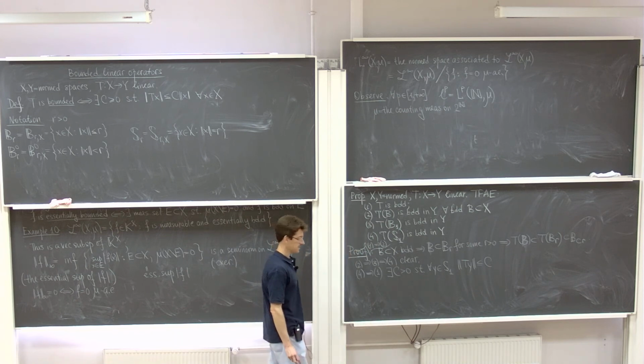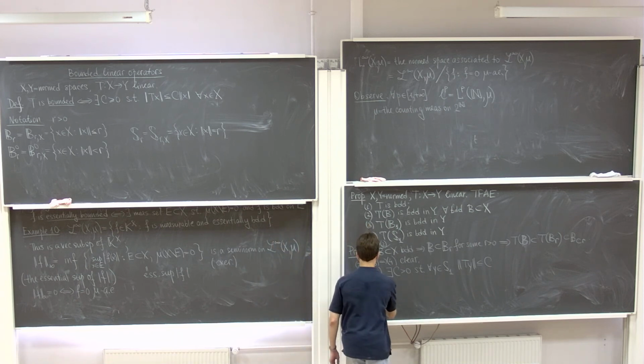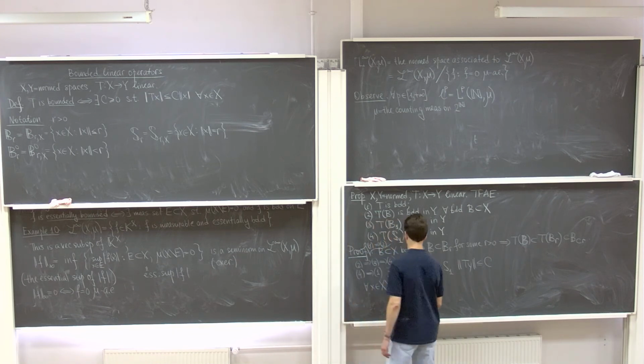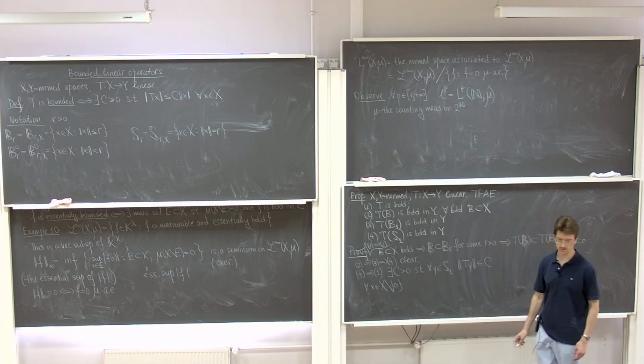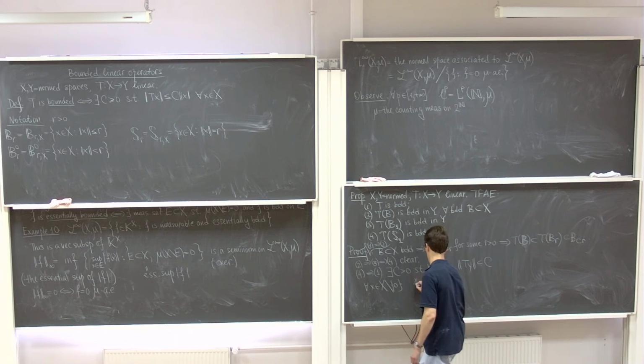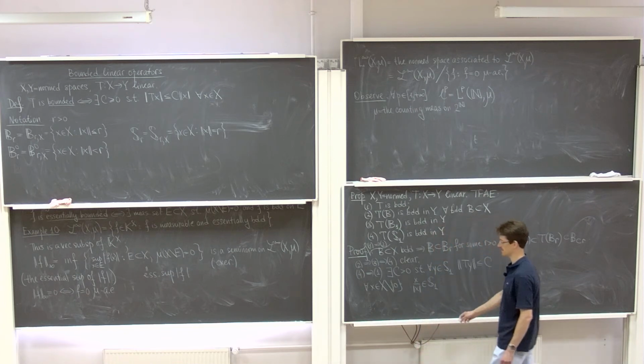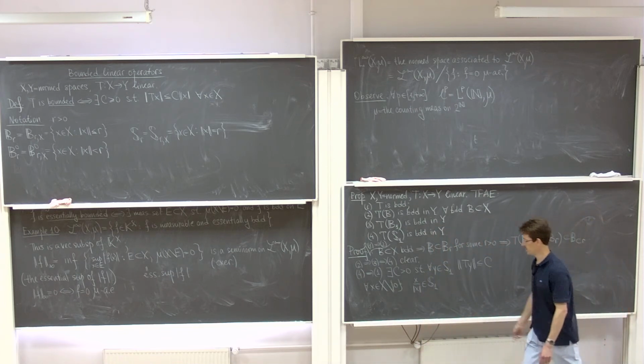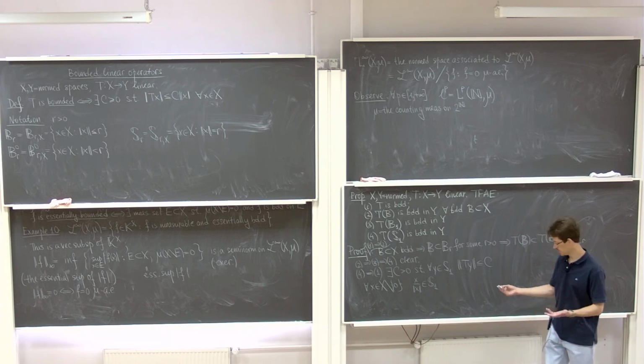And if we now take an arbitrary non-zero vector x in our space, we can normalize this vector, that is, divide it by the norm of x. And this vector belongs to the unit sphere. So when we apply T to this vector, we get this.